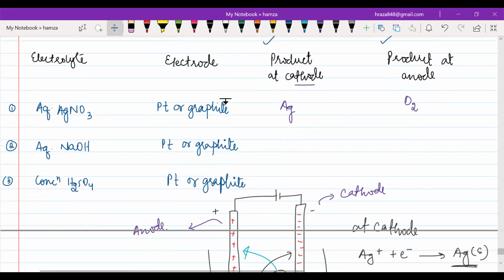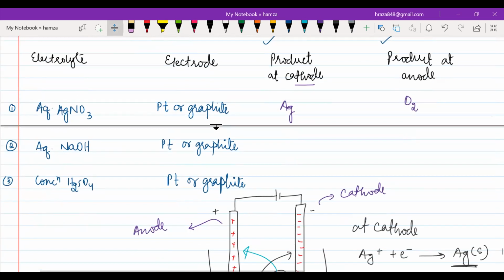This was the question. I had already explained for AgNO3, so you are going to do it for NaOH. And for NaOH, it is very, very easy.